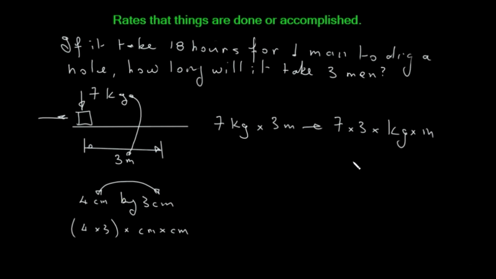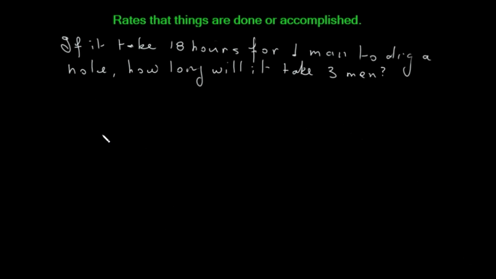So we end up with 3 sevens of 21 kilogram meters. That is the crunch. That is a sort of artificial way of combining those numbers. So in this question we have initial condition.